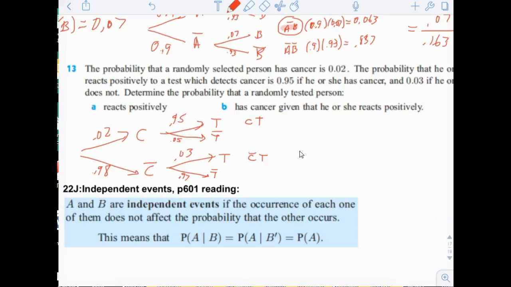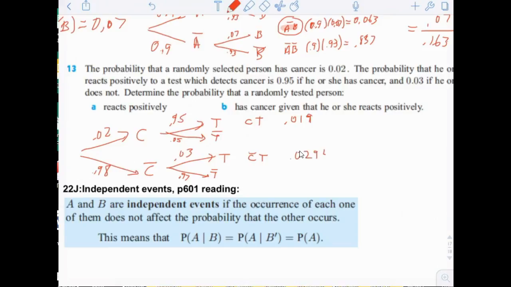So to find these probabilities, all we need to do is multiply the probabilities in cascade. So 0.02 times 0.95 is equal to 0.019. And then C naught T is 0.98 times 0.03, which is 0.0294.